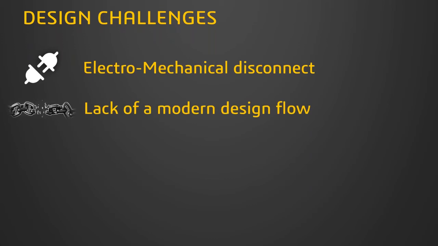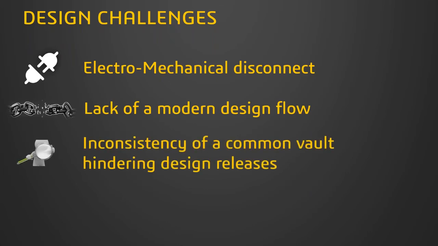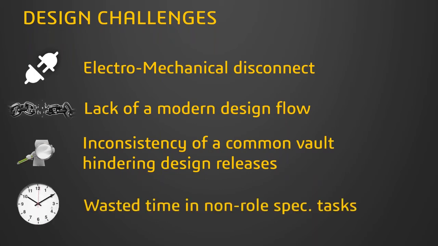We're using state-of-the-art single vendor product tools. We have consistency of our common database, so that's no hindrance at all to the release of the files. And then we definitely save time and reduce the potential errors caused by PCBs not fitting into mechanical enclosures.